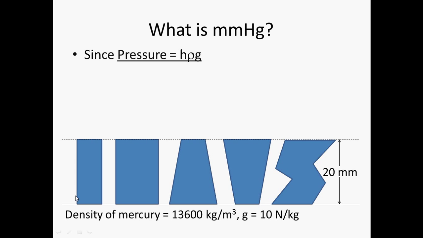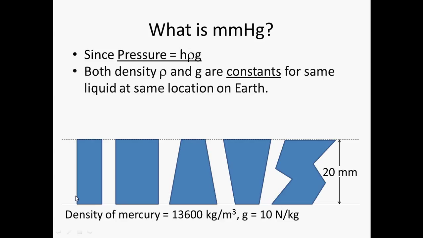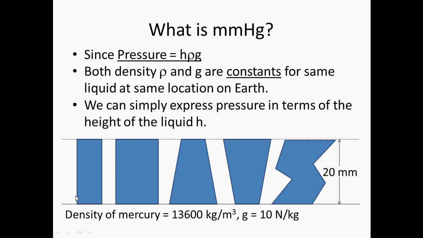Since pressure is equal to h rho g, and since both density and g are constant for the same liquid at the same location on Earth, we can simply express the pressure in terms of the height of the liquid.